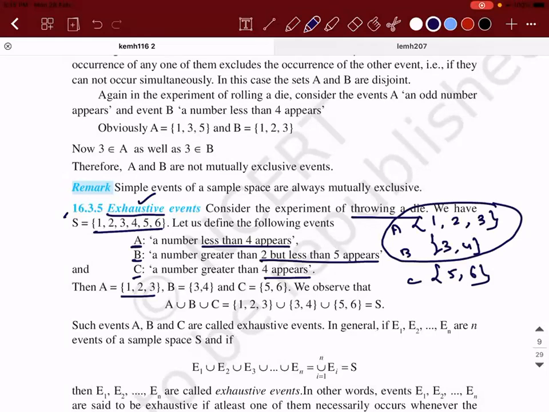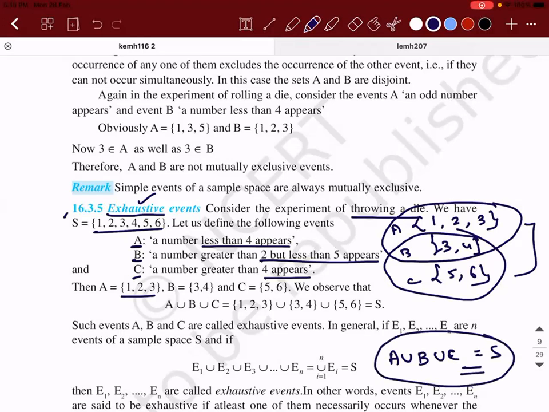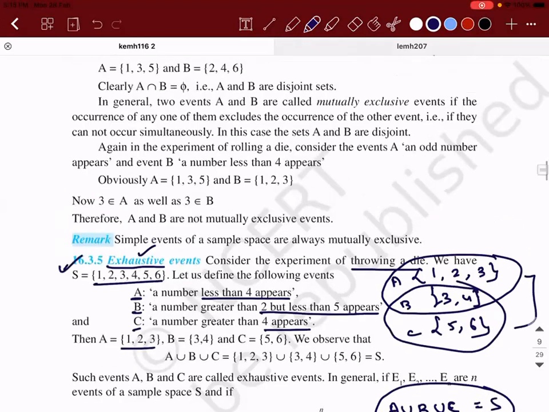No, right? Why? Because 5 and 6 are not there. Similarly, B and C, no. A, B, C put together, now we can call them exhaustive. So A union B union C, if it is equal to the sample space, then this is the condition for exhaustive. It means you are making use of the whole sample space.